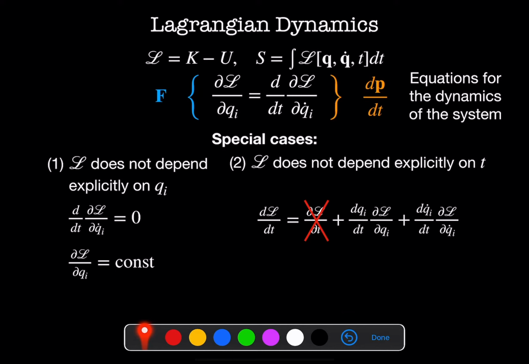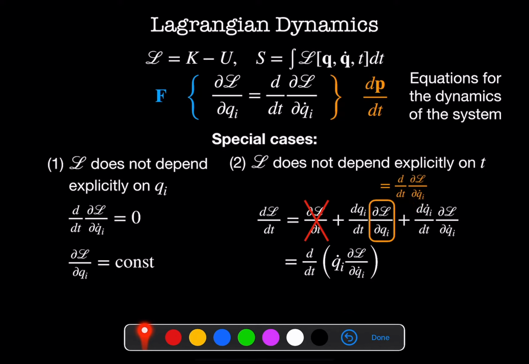And we know that from the definition, partial L by partial t is equal to 0, since the Lagrangian does not depend on time. This term over here, just by the definition of the Euler-Lagrange equation, is equal to d by dt of dL by dq_i dot.